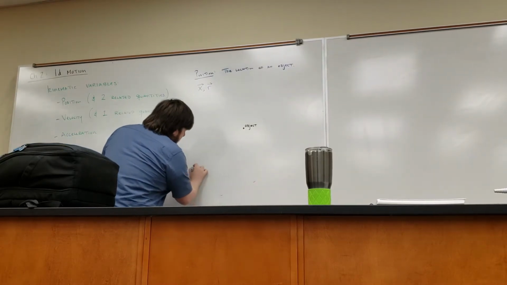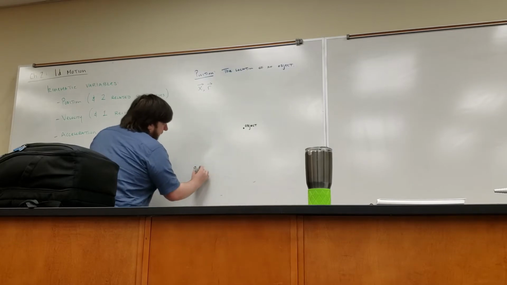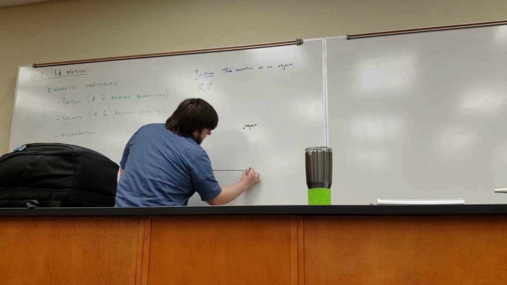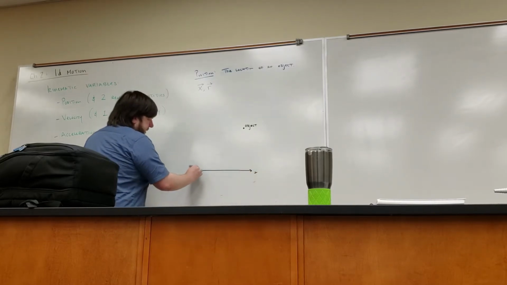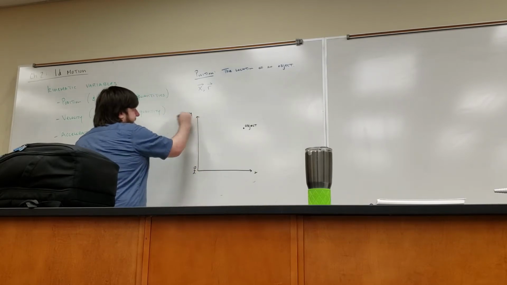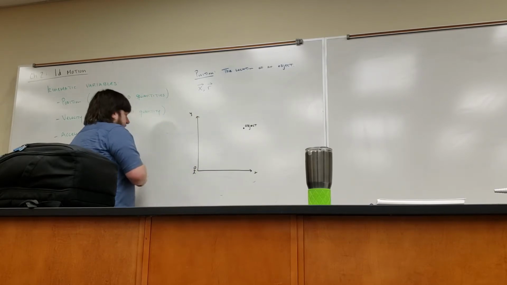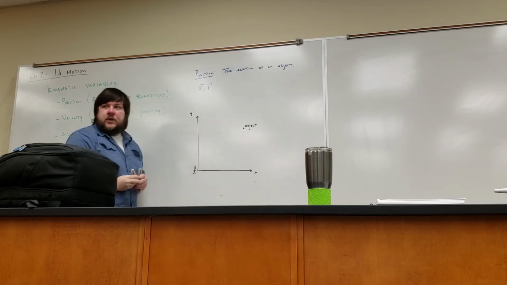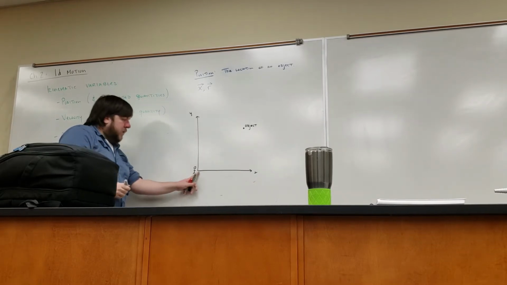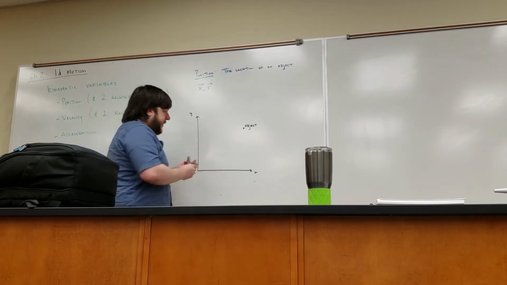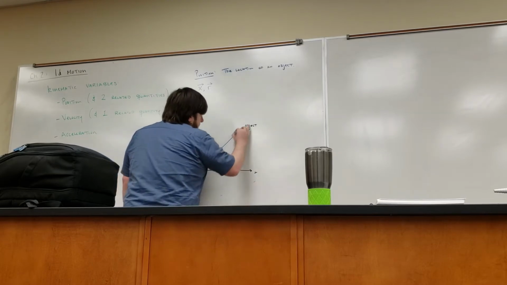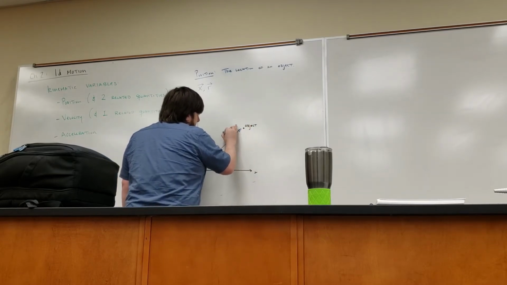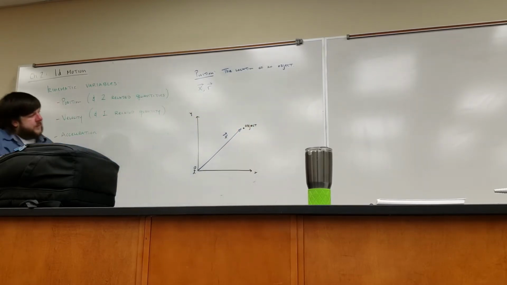I could say this is my x-axis and this is my y-axis. And then the position of this object would just be the vector drawn from the origin of my coordinate system to the location of that object. That's the position.